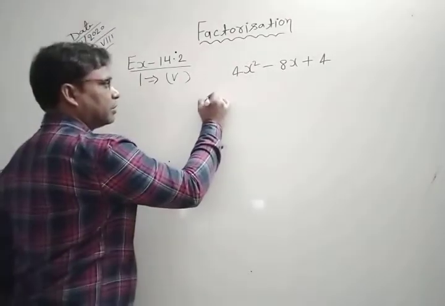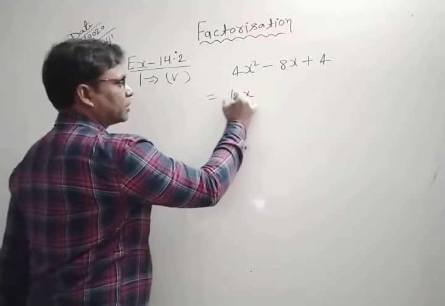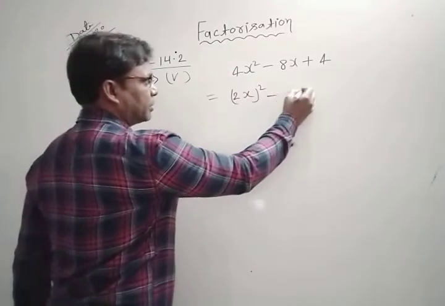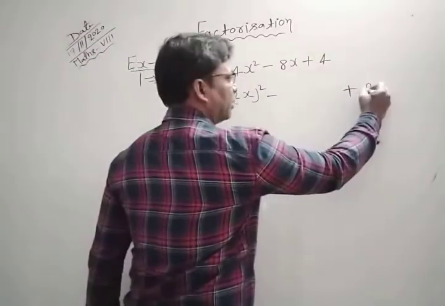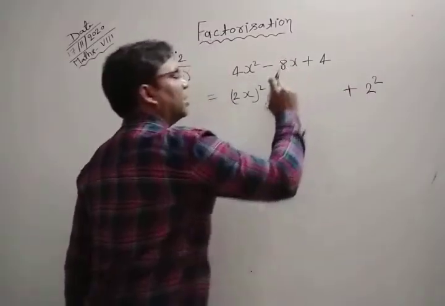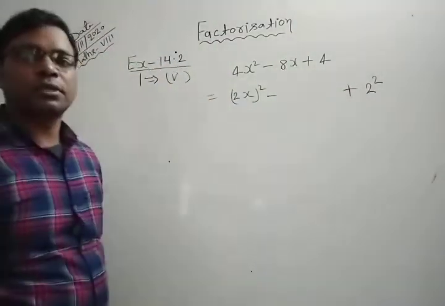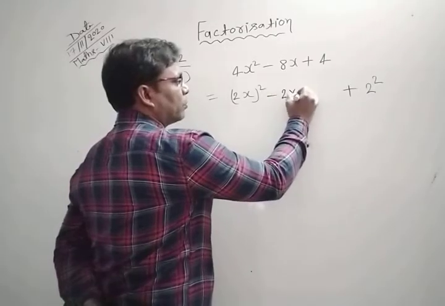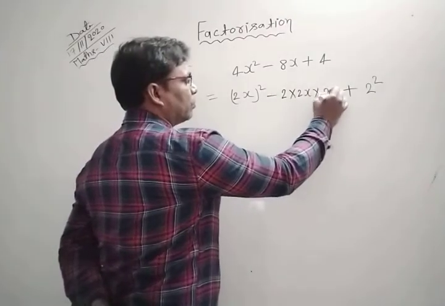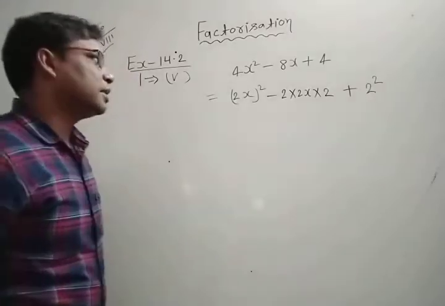It becomes square of 2x minus this 4. This 4 becomes again square of 2, and now 8x becomes what? We can write 8x as 2 into 2x into 2. Clear?